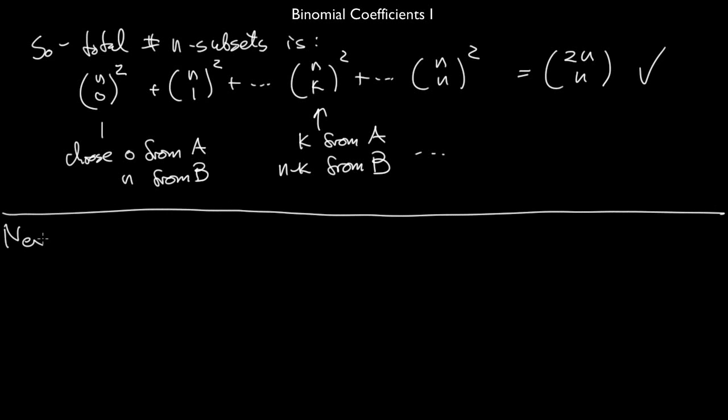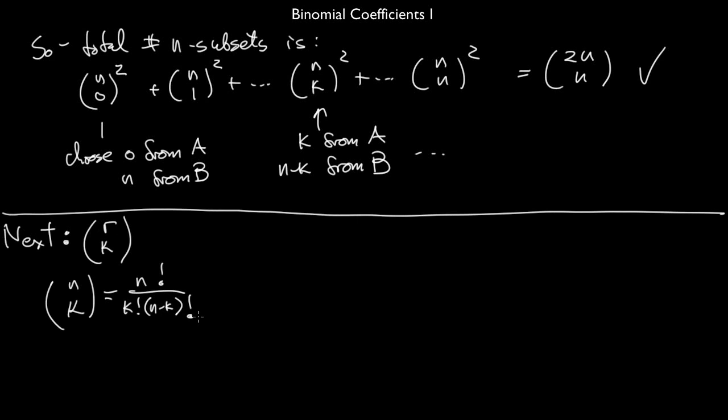Let's move on. The next thing I'd like to talk about is the generalized binomial coefficients R choose k. So what is n choose k? It's n factorial over k factorial n minus k factorial, where n and k, of course, are both integers. And you can write it like this: n times n minus 1 down to n minus k plus 1 over k factorial.